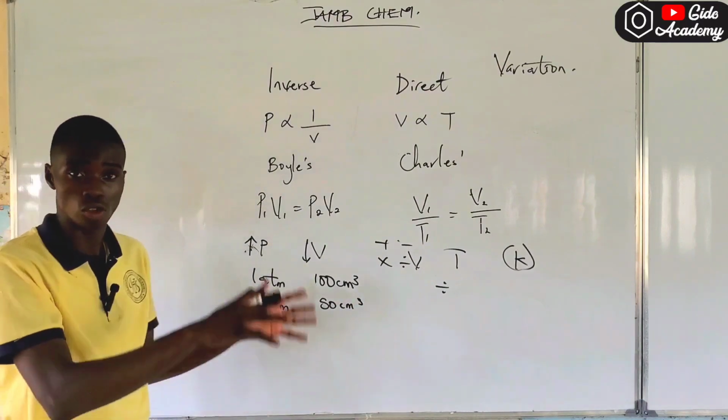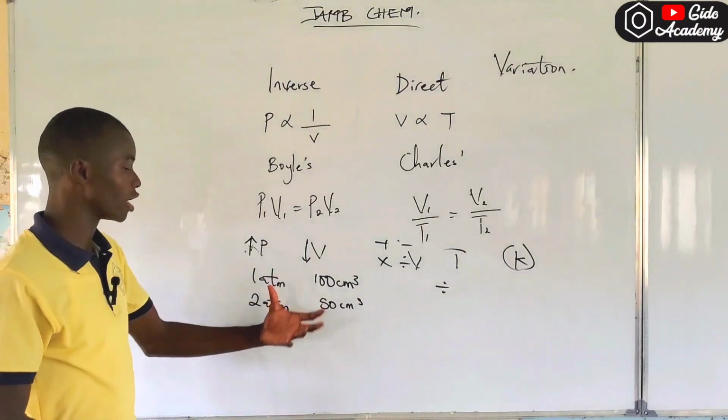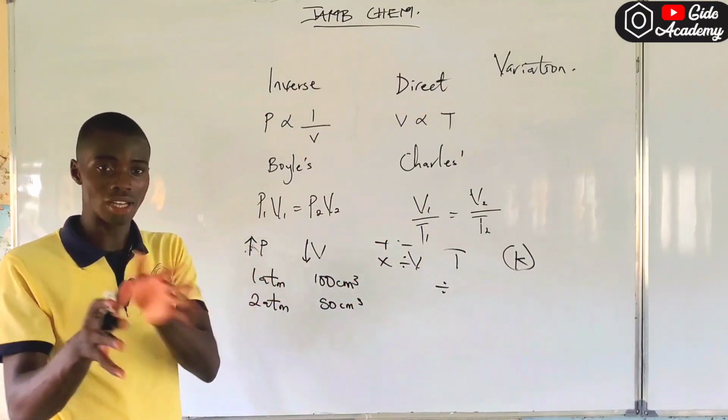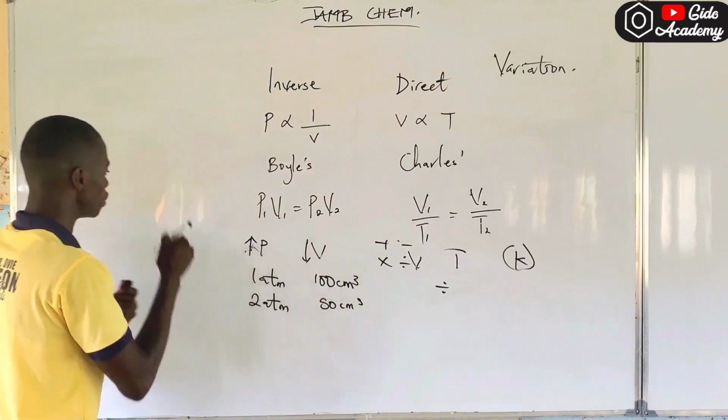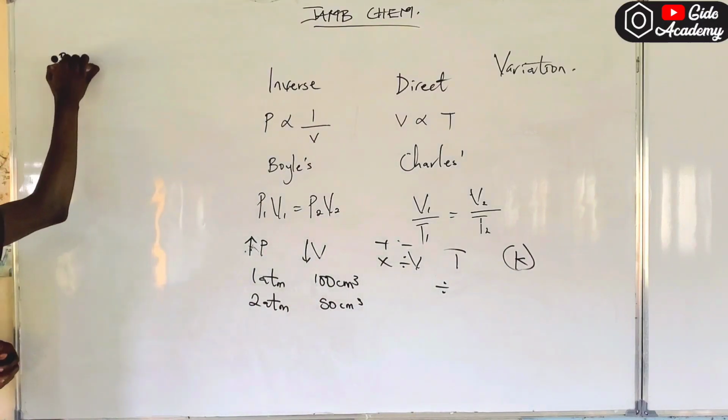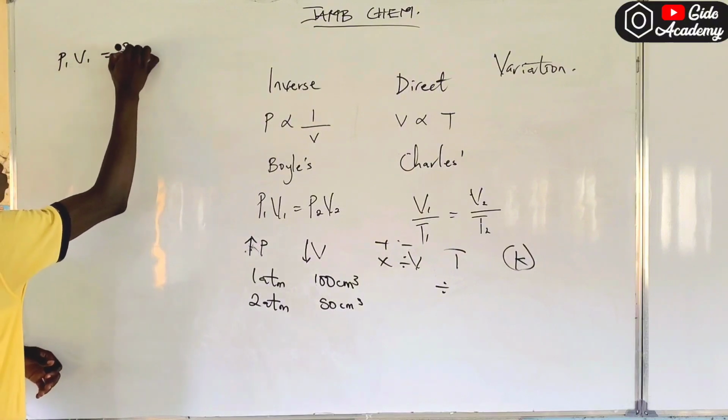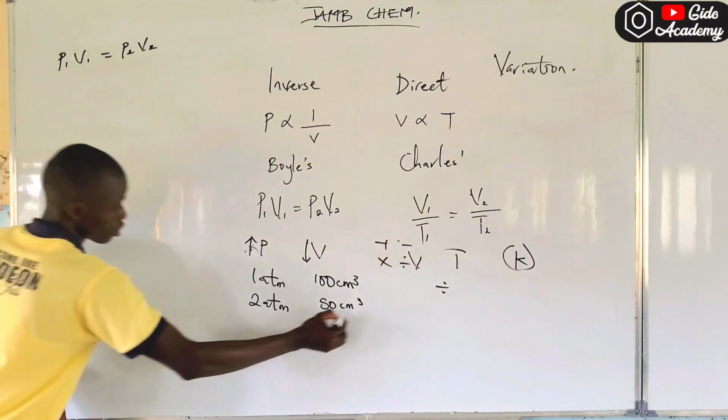Like I said, you don't really need to solve the whole process. I can look at the question and tell you how your answer will look. For example, let's just do a little work on this. We have P1 V1 is equal to P2 V2. Let's confirm our answer if it is correct.